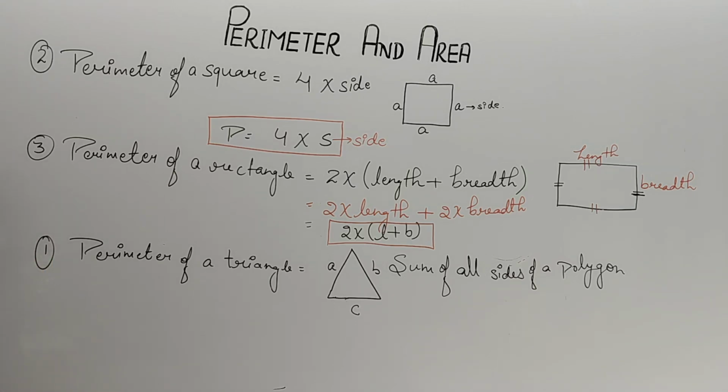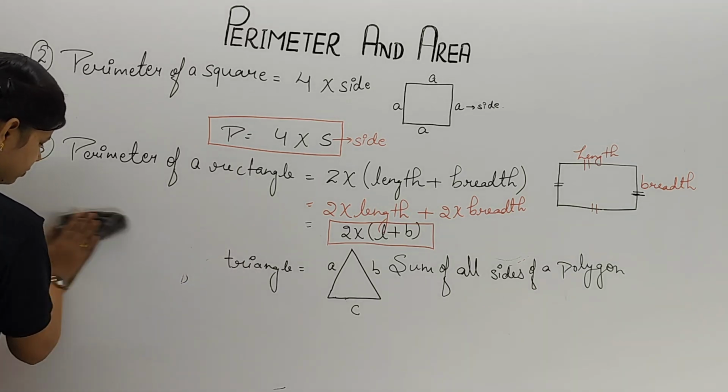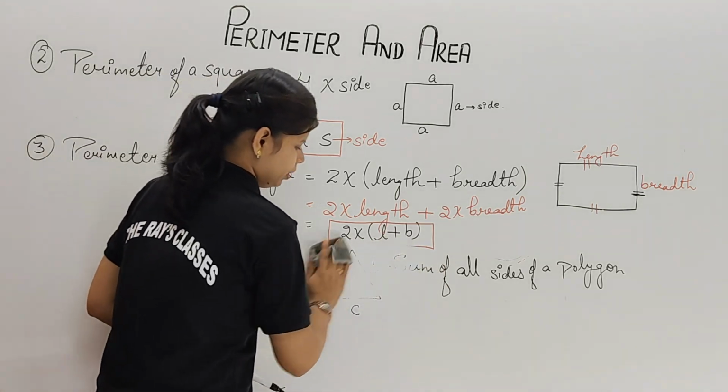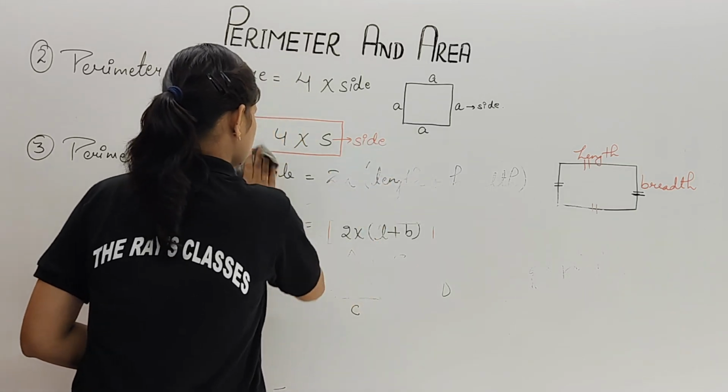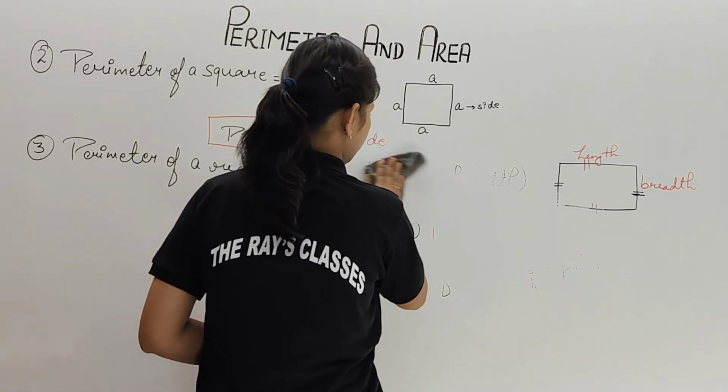So take a screenshot of this one. Afterwards we are going to solve the problem based on this one. I hope you have taken the screenshot or you noted it down already. Now we are going to write the formula in short so that we can remember while dealing with the problems.